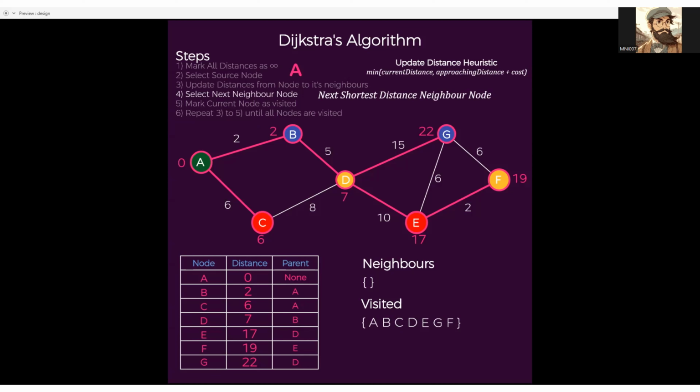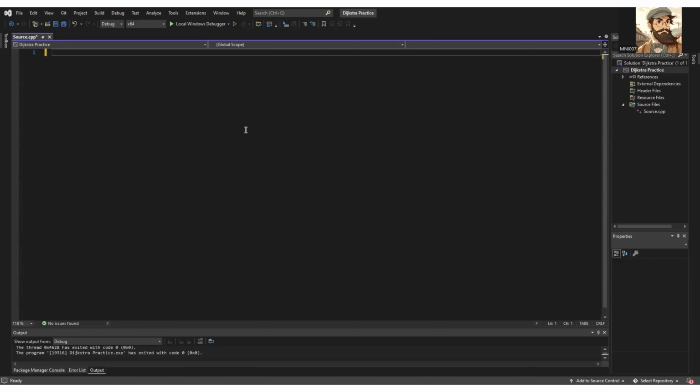Now we would go to Visual Studio and start coding this. Before we start, let me make some things clear. In this part, we would see what kind of data structures are needed to create a graph and how we can create a graph in C and C++.